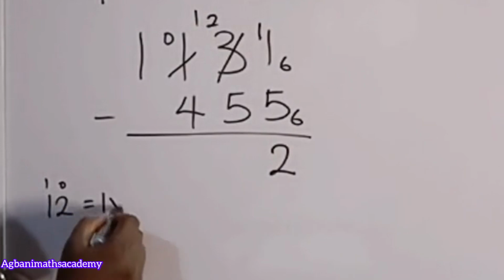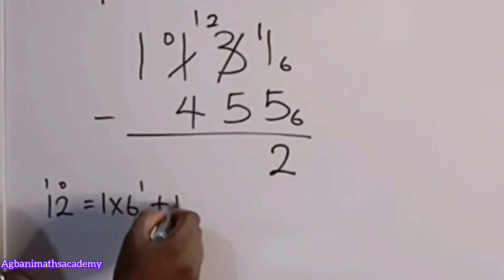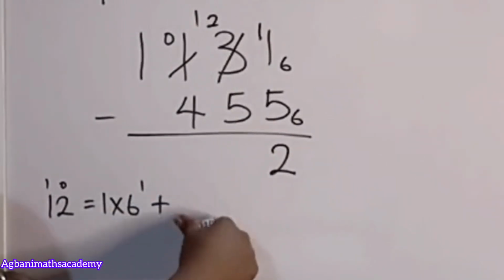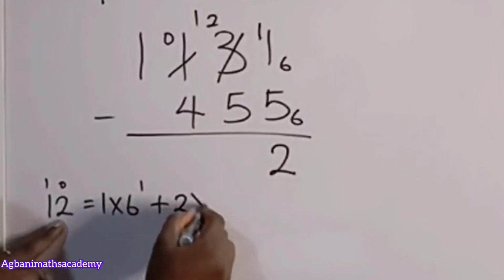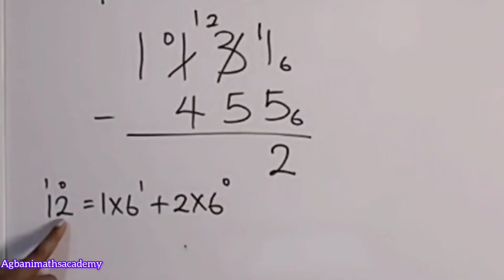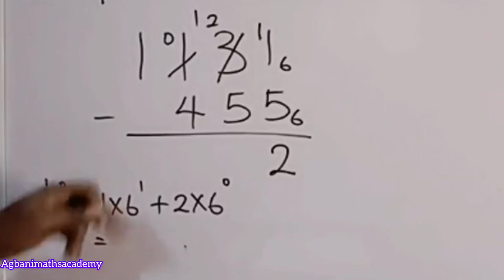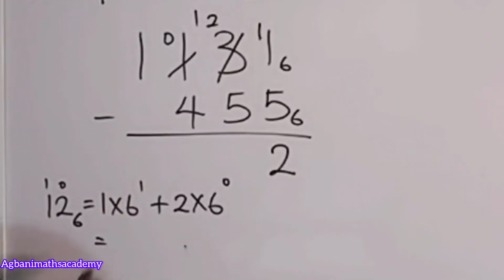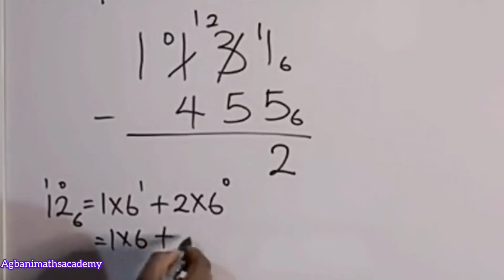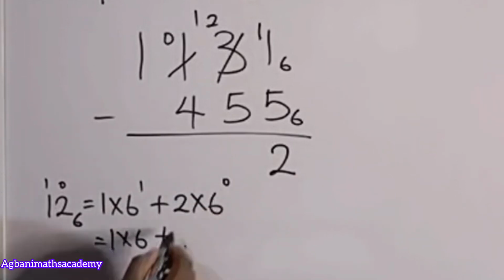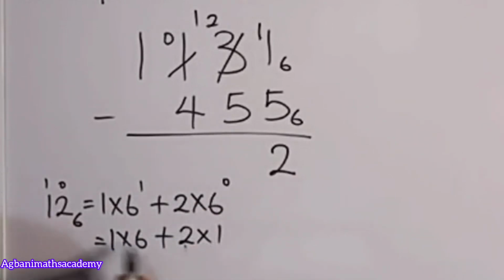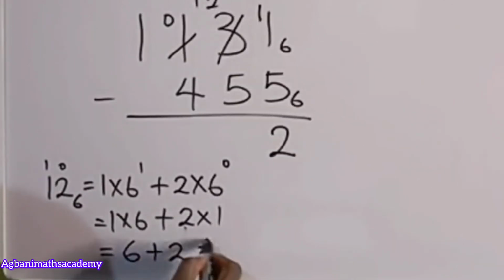So it's the same as 1 times 6 to the power of 1 plus 2 times 6 to the power of 0. 6 to the power of 1 is 6, so we have 1 times 6, plus 6 to the power of 0 is 1, so 2 times 1. 1 times 6 is 6, plus 2 times 1 is 2, so our answer is 8.